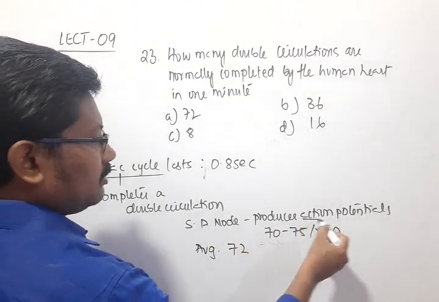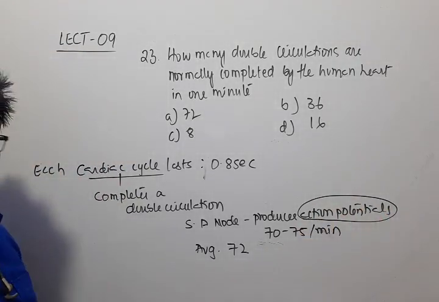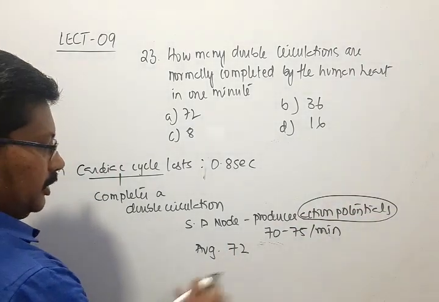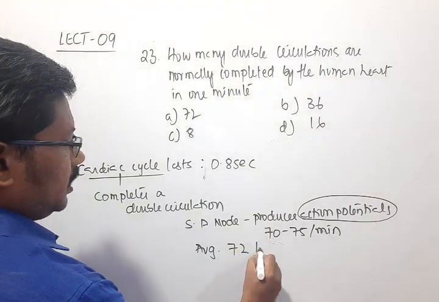So each action potential corresponds to a complete heartbeat, that is, this double circulation. Average, right, 72 per minute.